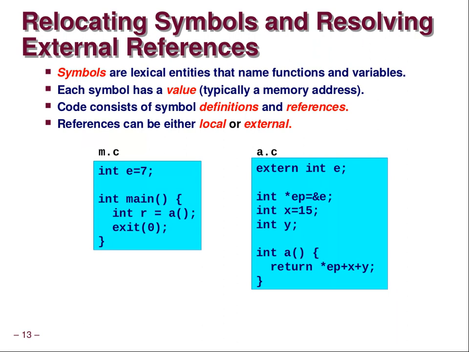Symbols are lexicographical entities, and functions are names and variables. Yes, but that's not too helpful until you do compiler writing. When you're compiling this, there's a symbol table that tells you where every symbol is located in memory.